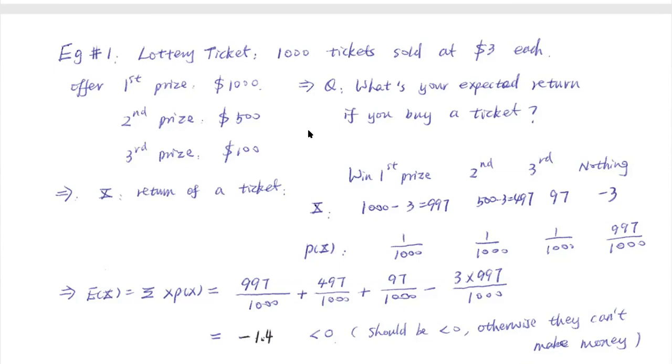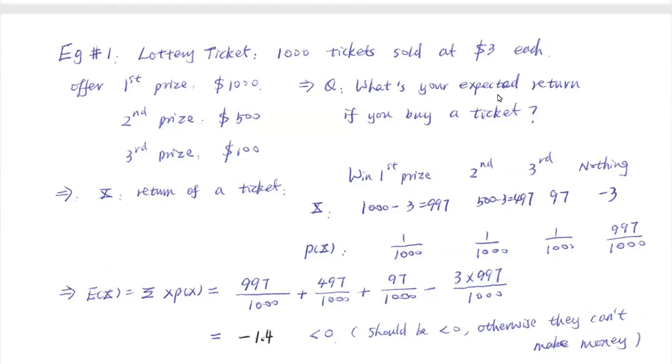We're trying to see if I buy one ticket, in theory, what's my return? That's what we call the expected return. Everybody, keyword here: expected. It reminds you they are talking about expectation, in other words, the average. Is that clear? That reminds us to use the new formula we just learned.